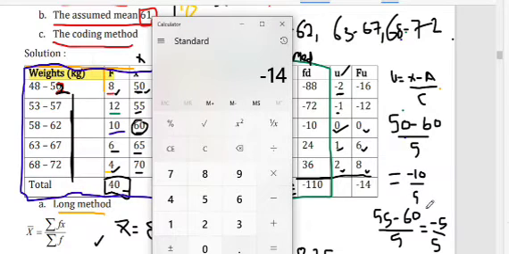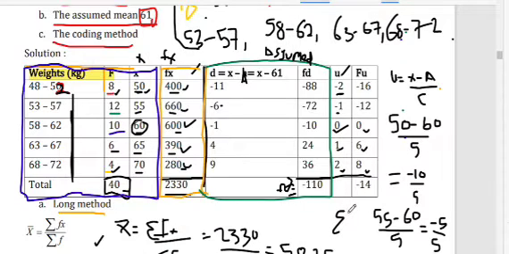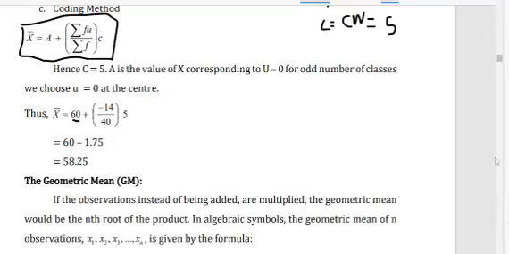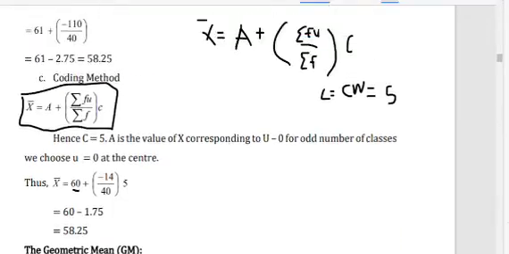So let's go back and apply that formula now. So we already know what summation fu is. Summation fu is equal to this. So we know what it is, minus 14. So let's apply it to this formula. Okay, this is my formula here.